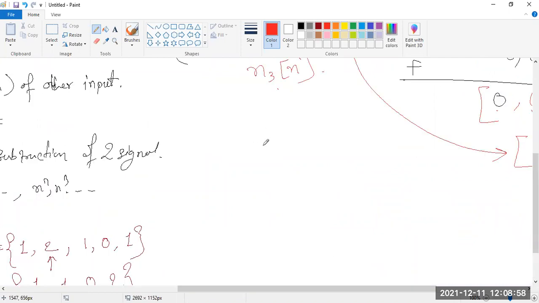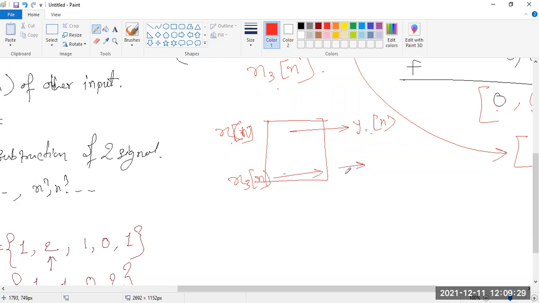Then we have to check whether it is a time invariant system or a time variant system. For each change of xt, we get a specific y1n for x1n. So if I give x3n, then, sorry, this is n, not t. N is for discrete and t is for continuous. So if I put x3n, then we must get y3 of n.